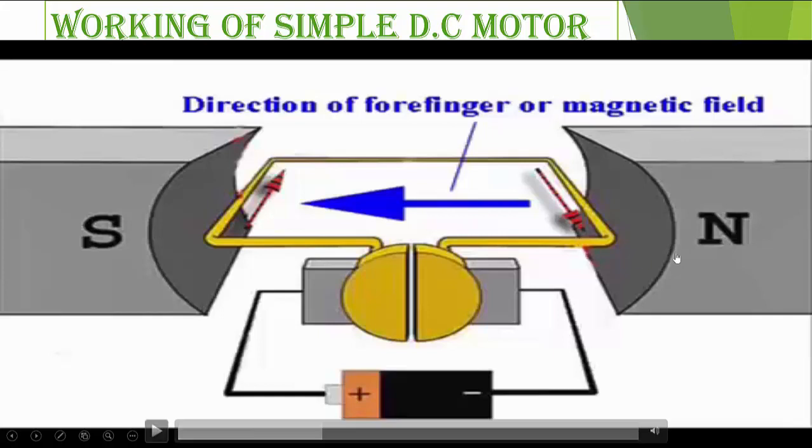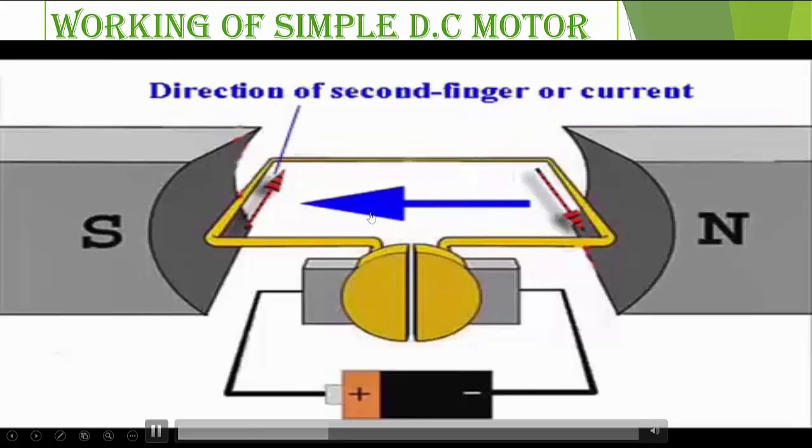The magnetic field is always in the direction from north pole to south pole, so the middle finger points to the magnetic field. Then the forefinger is in the direction of AB. The current direction here is shown with red arrow marks. So the forefinger indicates the direction of current. So what will be the force direction? It is upward. It's clearly upward, right?